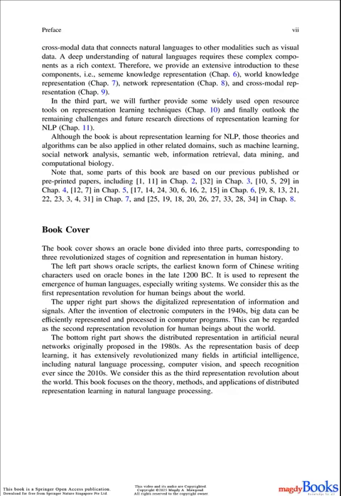As the representation basis of deep learning, it has extensively revolutionized many fields in artificial intelligence, including natural language processing, computer vision, and speech recognition ever since the 2010s. We consider this as the third representation revolution about the world. This book focuses on the theory, methods, and applications of distributed representation learning in natural language processing.